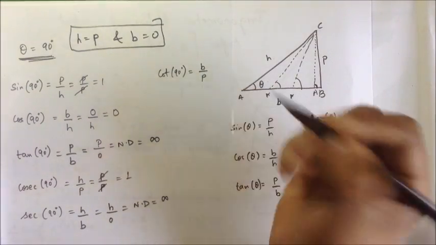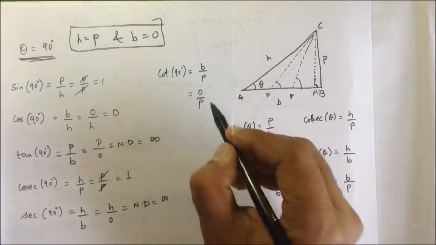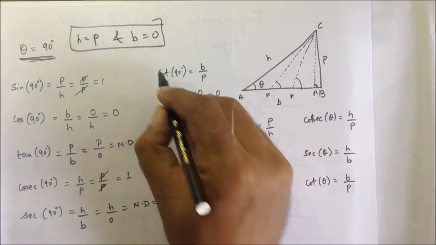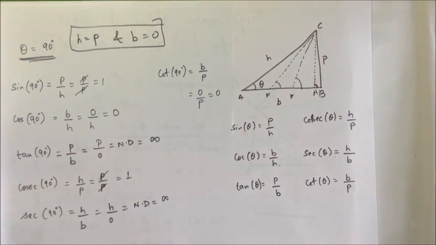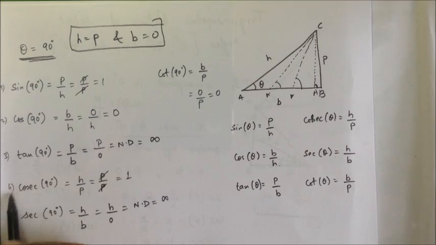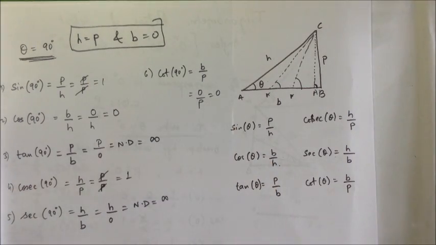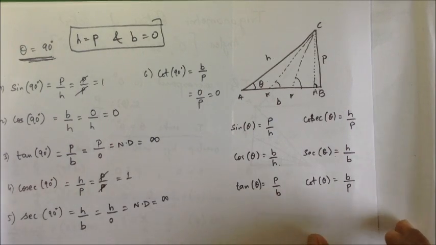Since the base is 0 and the perpendicular is P, 0 upon anything is 0, hence cot of 90 is 0. Therefore we have found out the 6 trigonometric ratios corresponding to 90 degree. We move to the next angle.